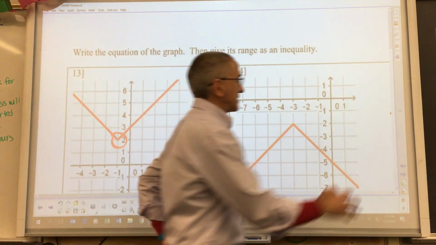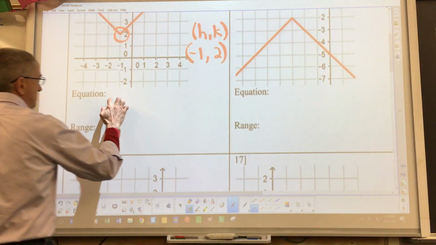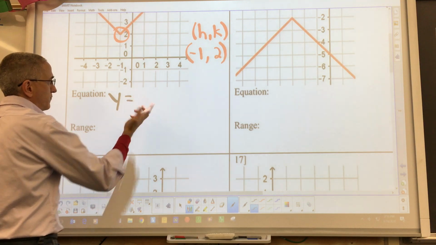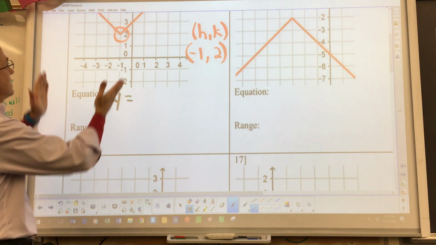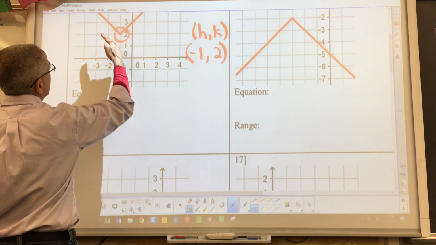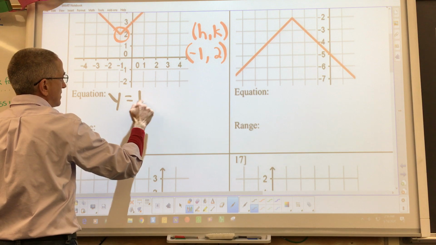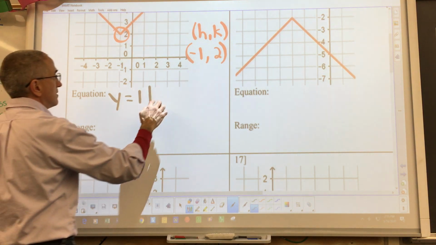I know that my vertex is negative 1, comma 2. Y equals, f of x equals. What's the slope here? Well, it looks like 1, up 1 over 1, so I know it's 1. My a value is 1, so that's normal.